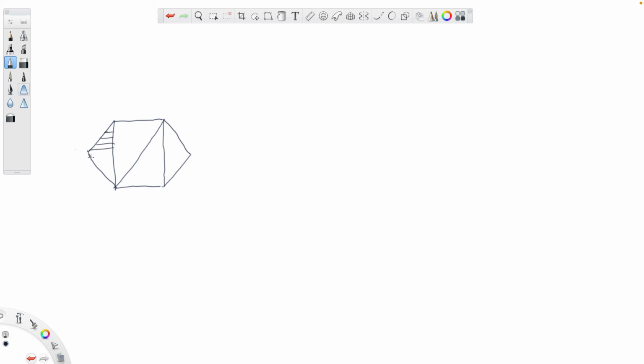So this is the two-dimensional region. It's a two-simplex, right? Then we have another two-simplex here. This is another two-simplex.